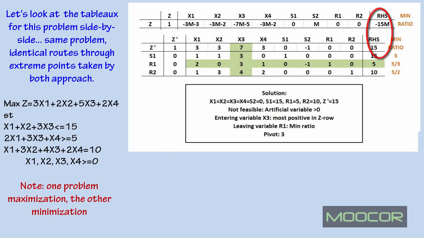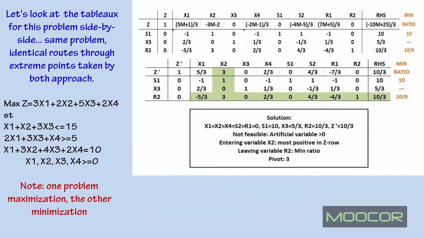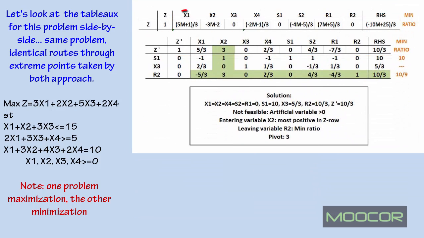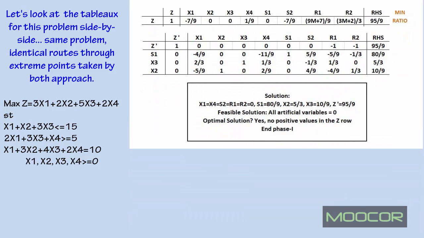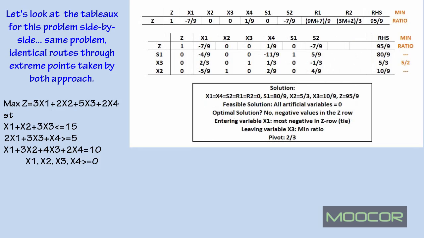But if you look closely, you will see the similarities, and those similarities are exactly what we are interested in. In this case, as we go to phase 2, we will have exactly the same values for the objective function rows.